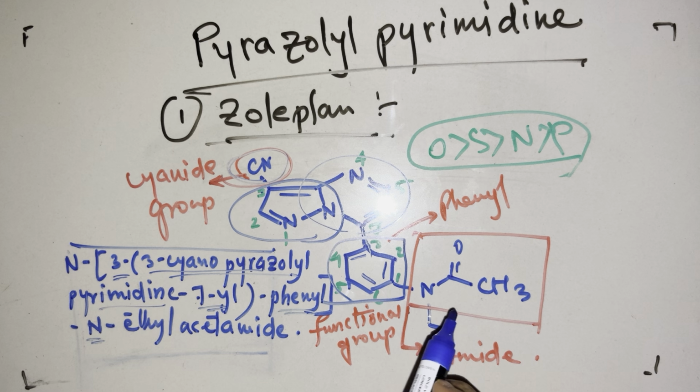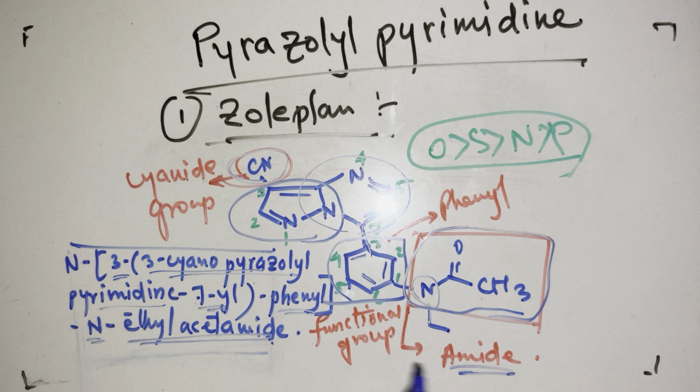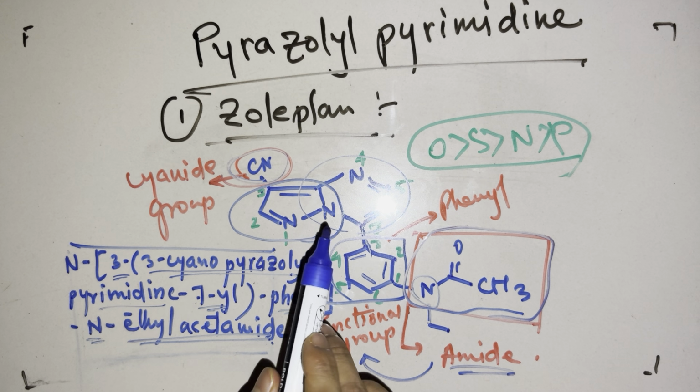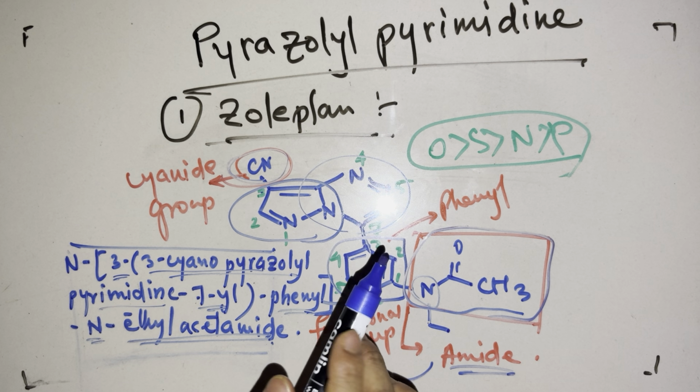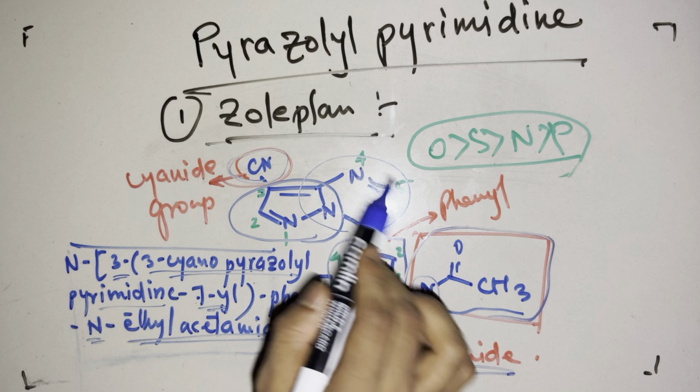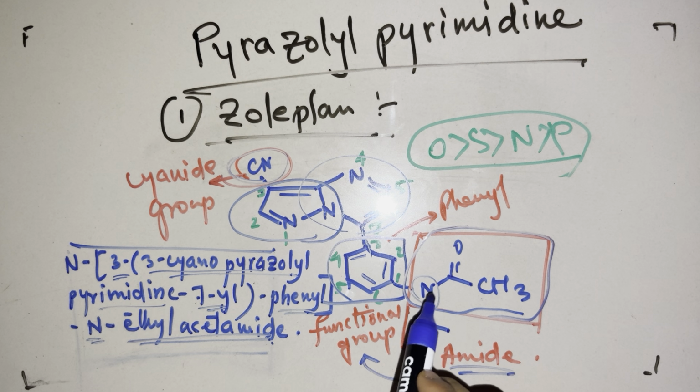Then N ethyl acetamide. So this is acetamide. Here it is amide functional group. So N 3 cyano pyrazolyl pyrimidine 7 yl phenyl N ethyl N ethyl acetamide. Am I clear?